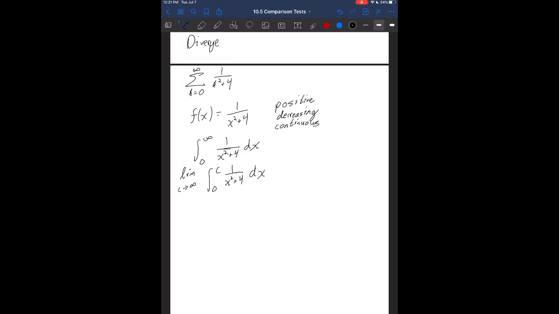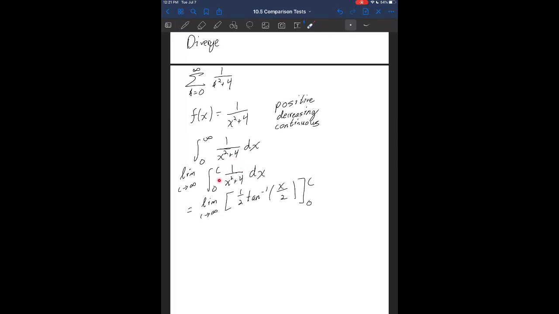Okay, so if you do have an integral table handy, you would notice that this is going to be equal to the limit as c goes to infinity of 1/2 tan inverse of x over 2.